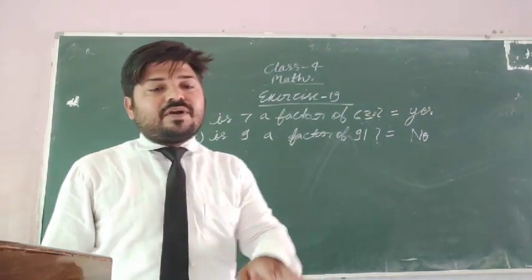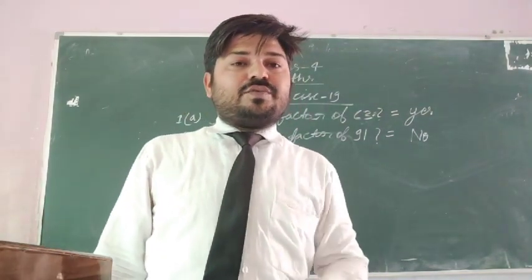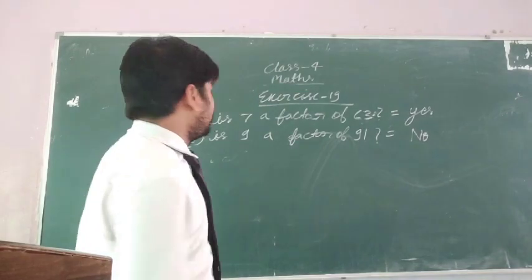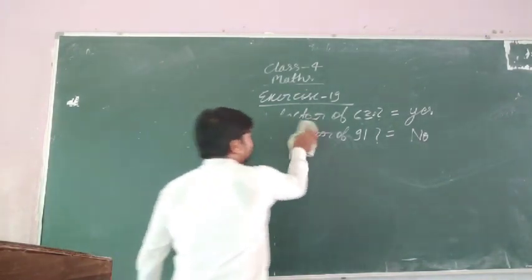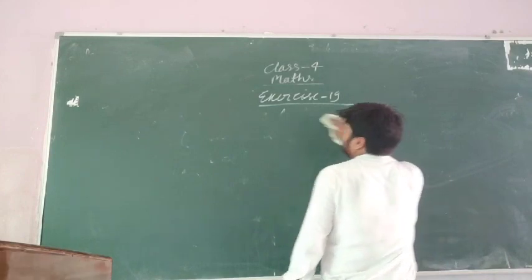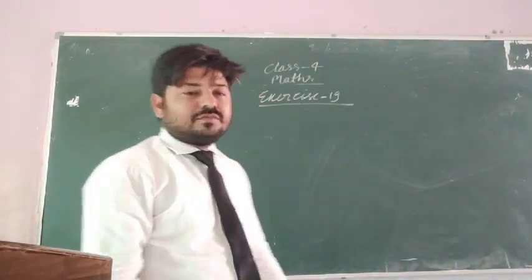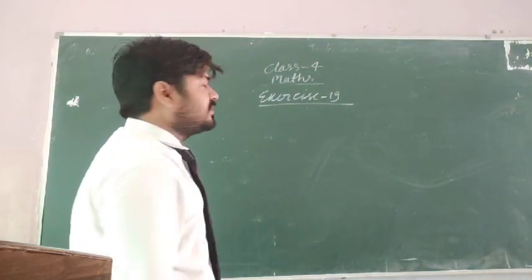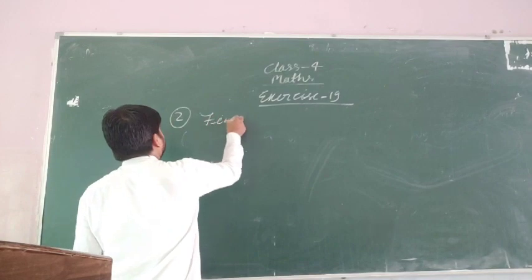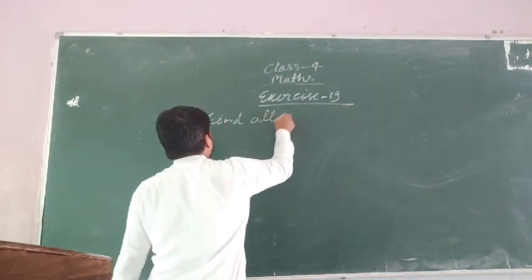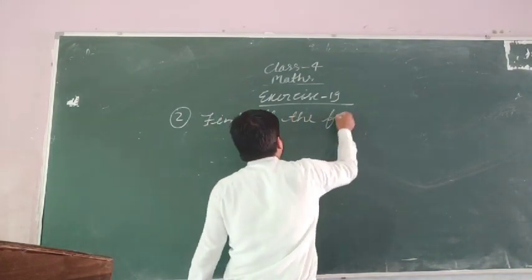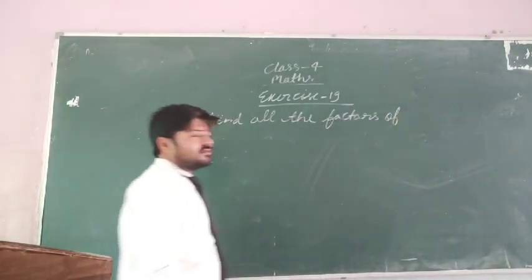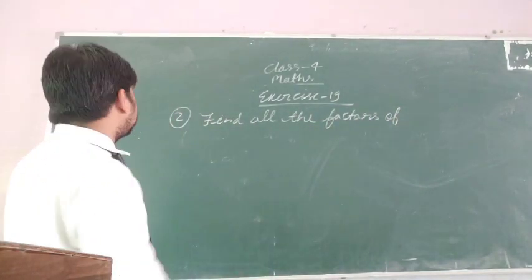Okay. Now I am going to tell you question number 2. Question number 2 is this. Find all the factors of A, 42.